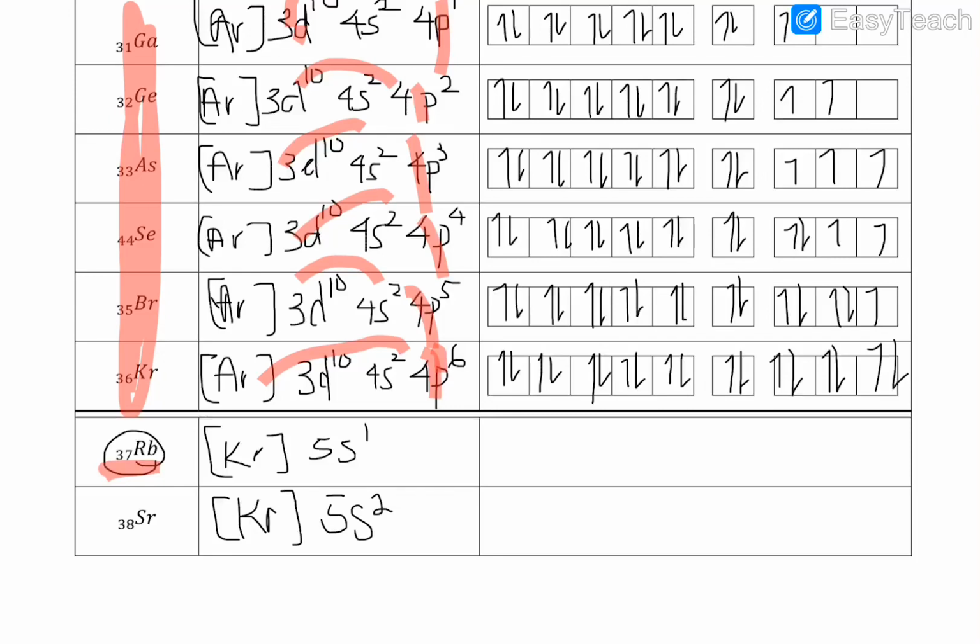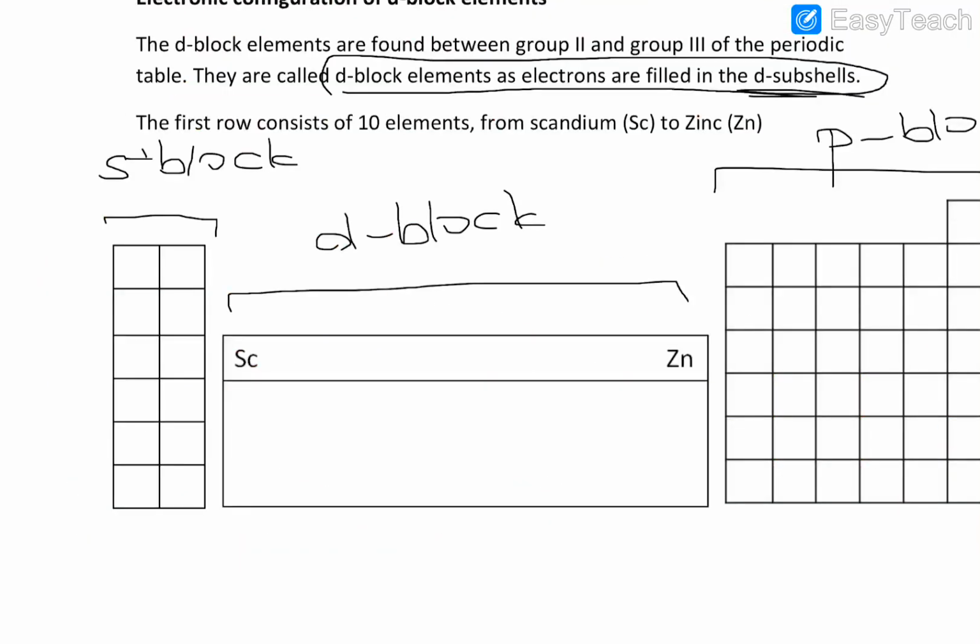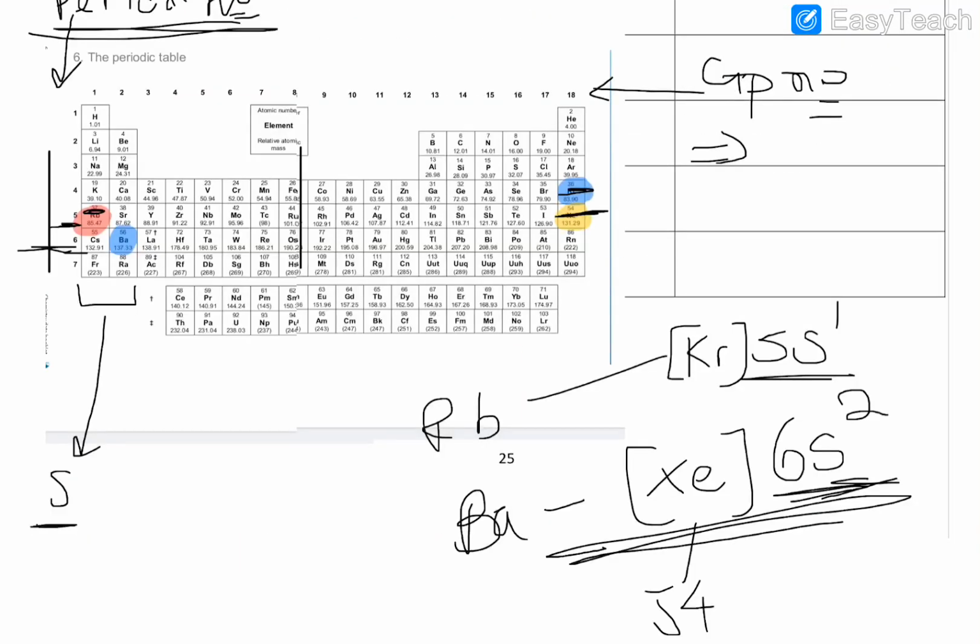Now we're going to move to the next noble gas. So here, this is what we have been filling in. Because we were filling in this, we were using argon as the reference for this. So 18 electrons, and we've been adding to it.